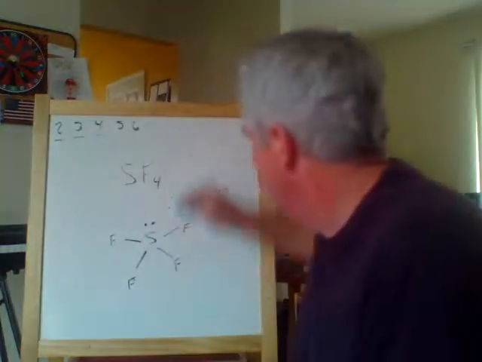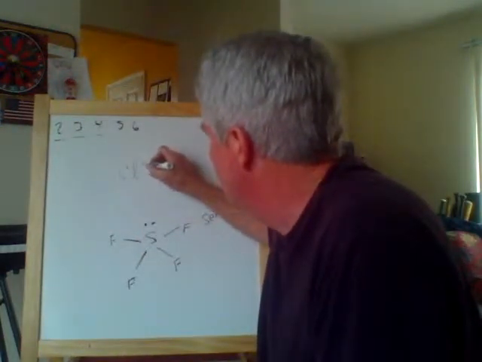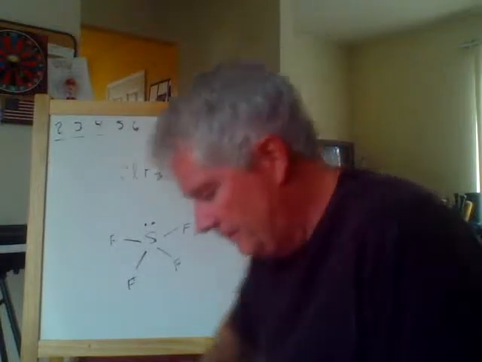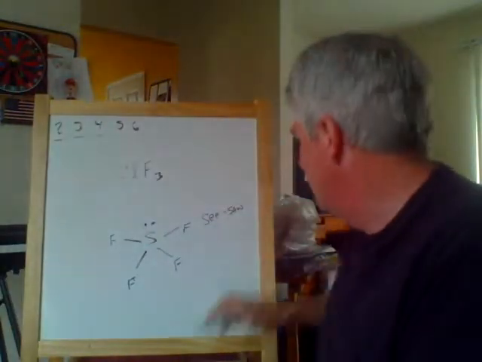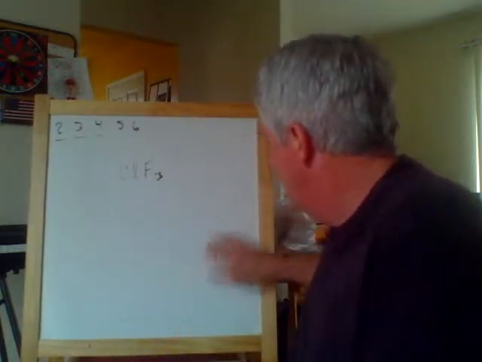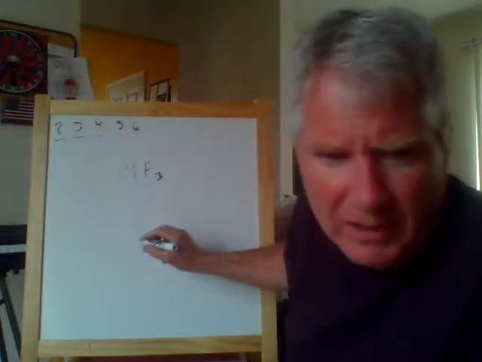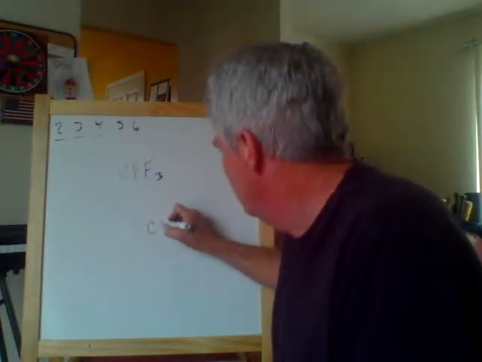Okay? Now we have a second case, ClF3. I'm going to draw another case, which is chlorine trifluoride. And this also has 5 groups. Again, I could take my time here, but I'm just going to zip through this because I've already spent a bunch of time.